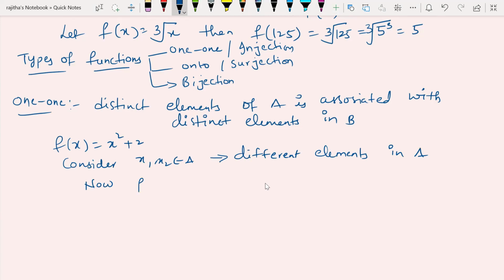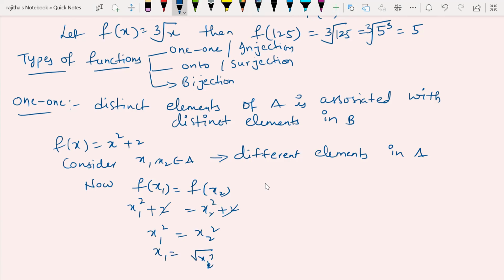Now f(x1) = f(x2). Then x1² + 2 = x2² + 2. The 2 cancels, so x1² = x2². That means x1 = √(x2²), which implies x1 = ±x2. So x1 = x2 or x1 = -x2.